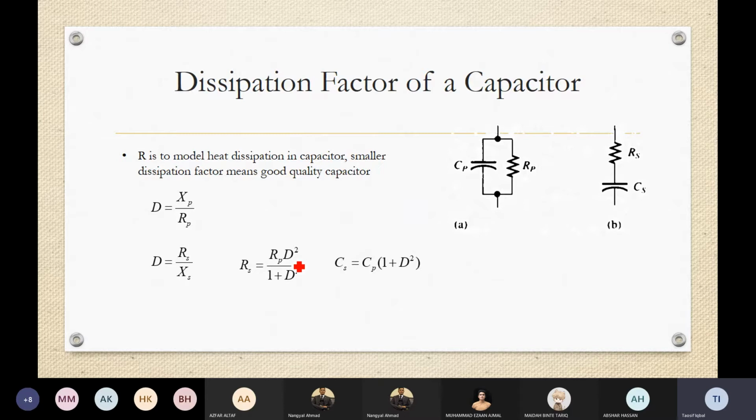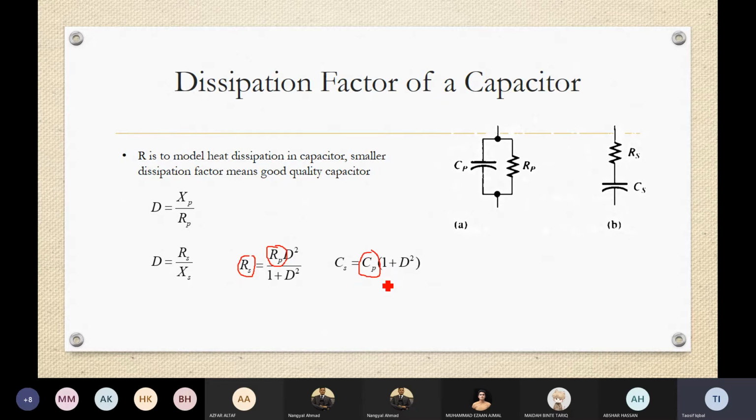Therefore, the relationship is going to change again. So if we have resistance connected in parallel, then we can find out the dissipation factor, and from the dissipation factor we can find out the resistance connected in series. Similarly, for a parallel combination of C and R, the parallel capacitance can also give us the value for series.